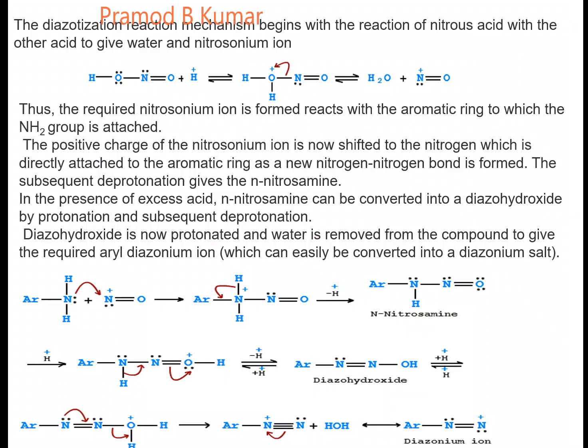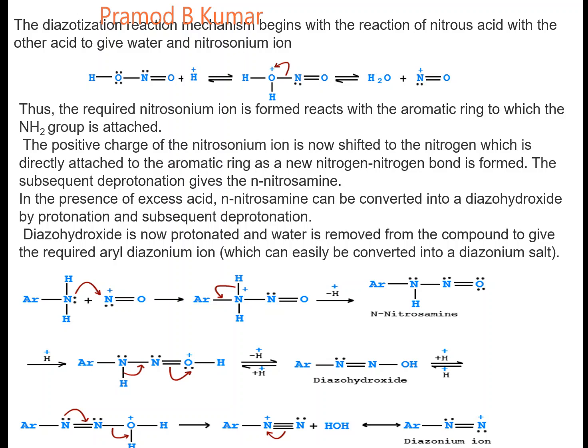Now let's go for the steps involved in diazotization. So the diazotization mechanism is very important to be known. The diazotization reaction begins with the reaction of nitrous acid with another acid. So you have HNO2 and HCl in your reaction vessel. What does this other acid do?